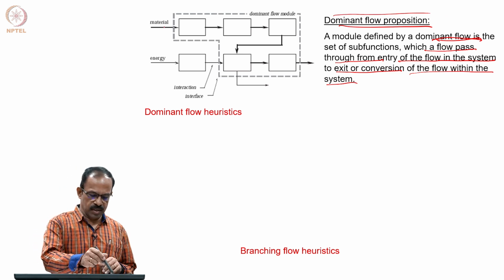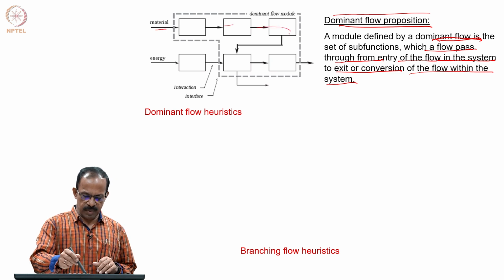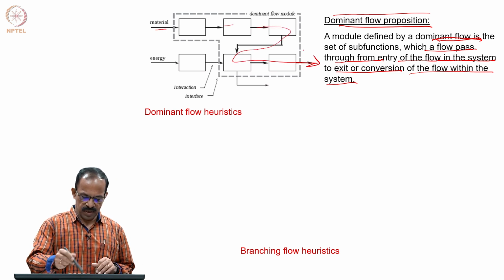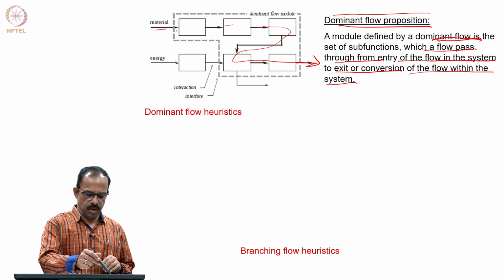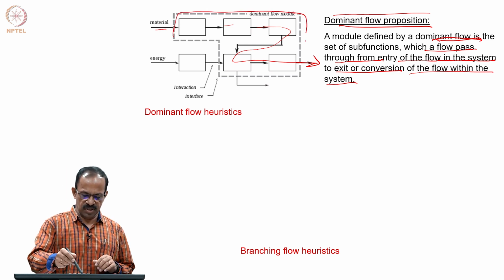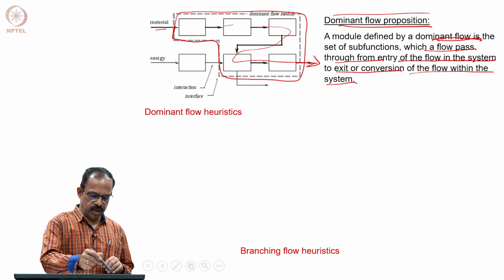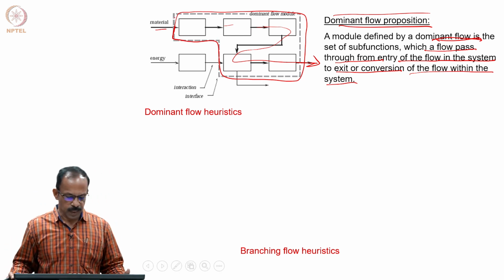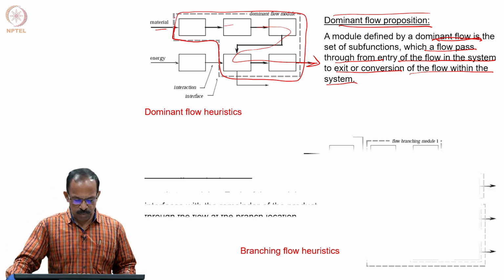So, if all the material is coming here and the material is going out, then we consider all these functions as part of the dominant flow module. That is the dominant flow proposition.